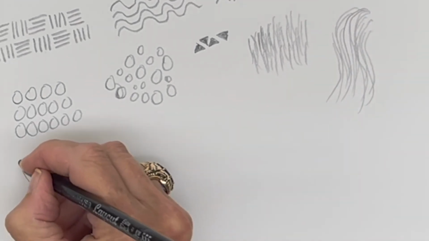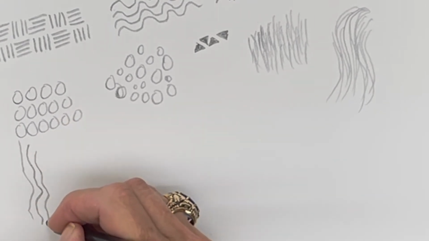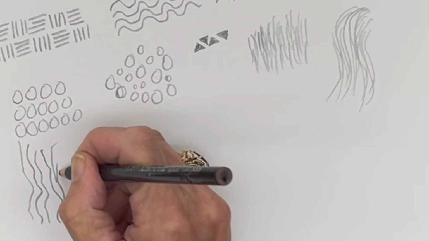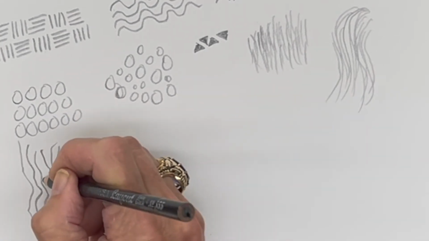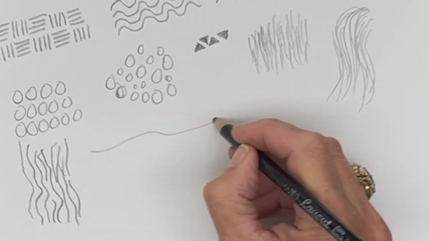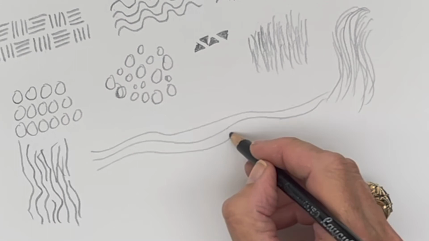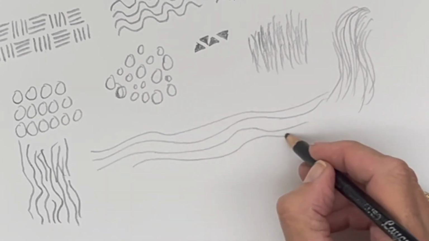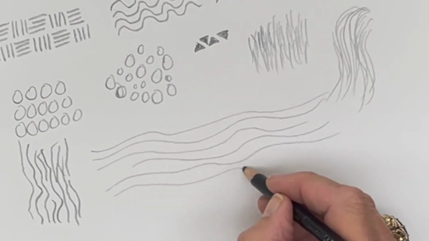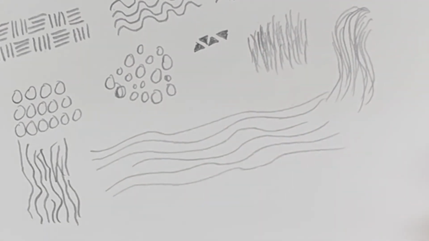If I do some irregular lines together, that could end up looking like tree bark. If I put some long lines together that have a wavy appearance, that could end up looking like water, which has kind of a visual texture.